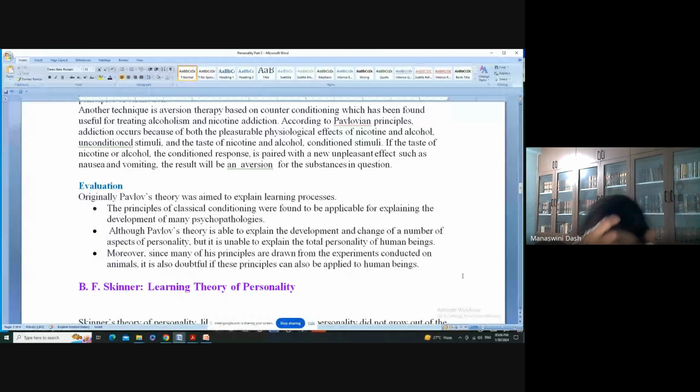Evaluation of Pavlov's theory. Originally, Pavlov's theory was aimed to explain the learning process, and the principles of classical conditioning were found to be applicable for explaining the development of many psychopathologies.